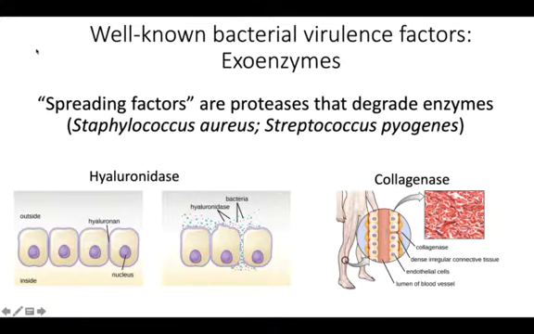Okay, another virulence factor are your exoenzymes. So if you look at the word, they basically are enzymes that are released through channels from the pathogenic bacteria. And what they do is they facilitate or help that bacteria in spreading. And it will do that by either breaking cells apart or even breaking tissues down so that the bacterial cell can spread throughout the host.